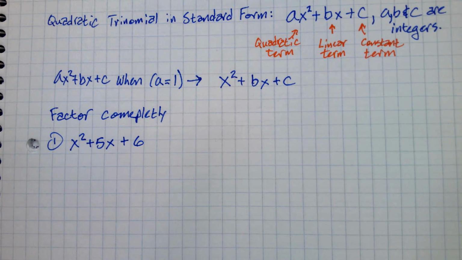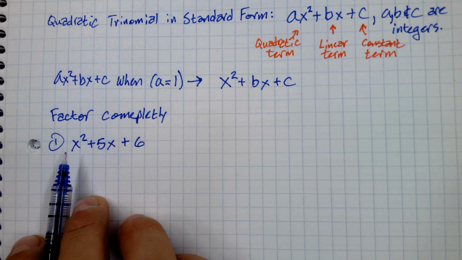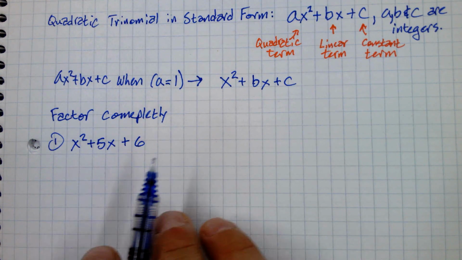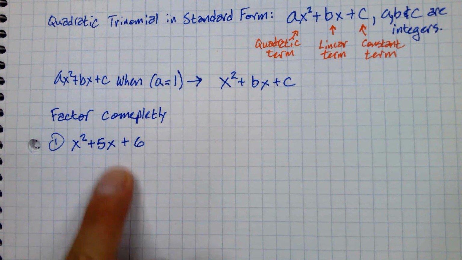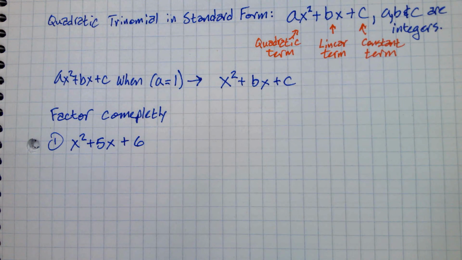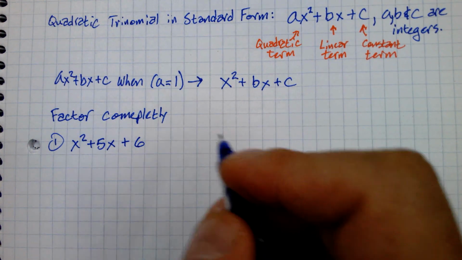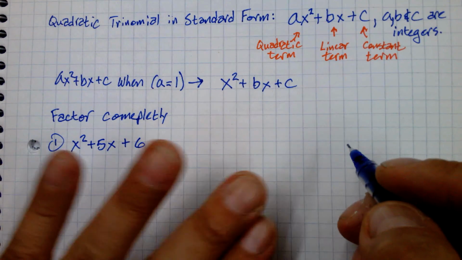So let's say we have something like this. A is 1, so this is going to work when a is 1. We want to factor this completely. So I want to break this apart. Two things that multiply to give me this answer. The first thing we want to do is look at the following.